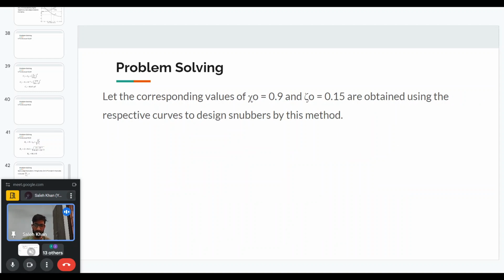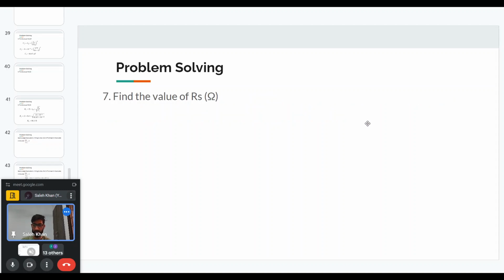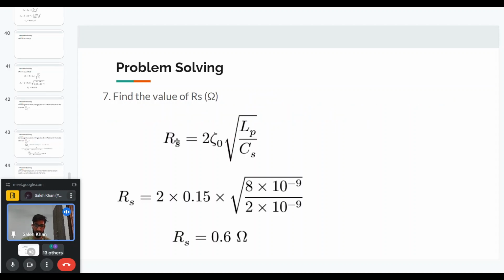Here we are given chi as 0.9 and zeta as 0.15. So we can find the value of RS using this expression, substituting zeta as 0.15. LP is 8 nanohenry, and CS we are already given as 2 nanofarad. So we will get RS as 0.6 ohms.